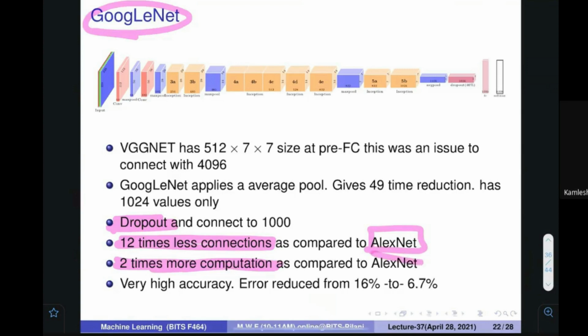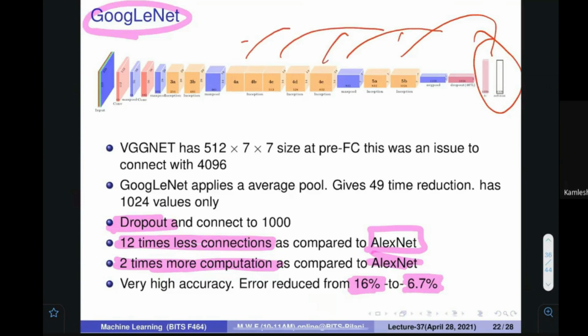Error is reduced drastically from 16% to 6.4% if you compare with AlexNet. So a huge reduction in the error. Also, you can see a strong big change. Earlier you were seeing that 3 fully connected layers were there. Now only 2 fully connected layers are there. So this reduces the requirement for the number of parameters, and those parameters can be used here to build better features.